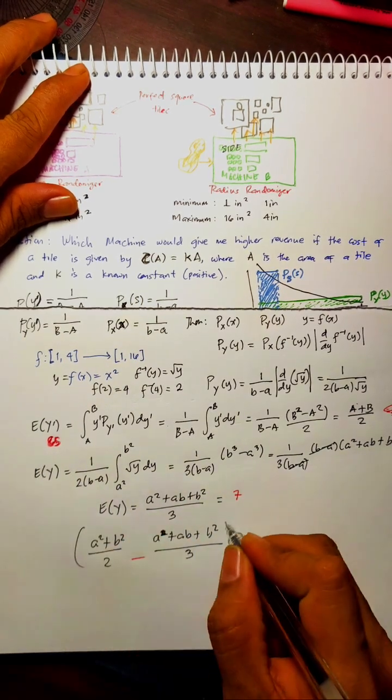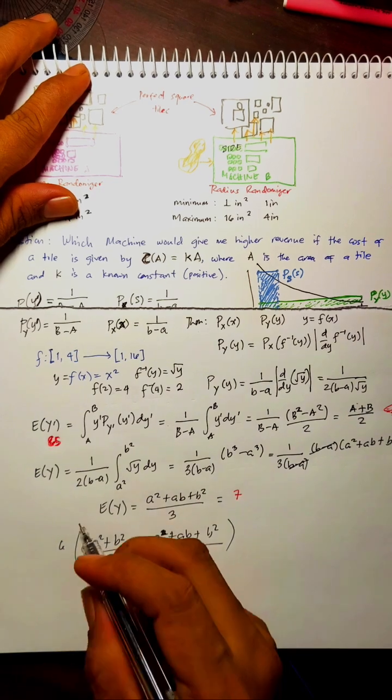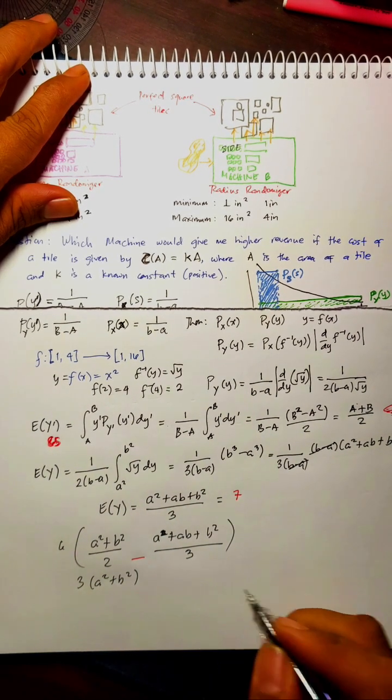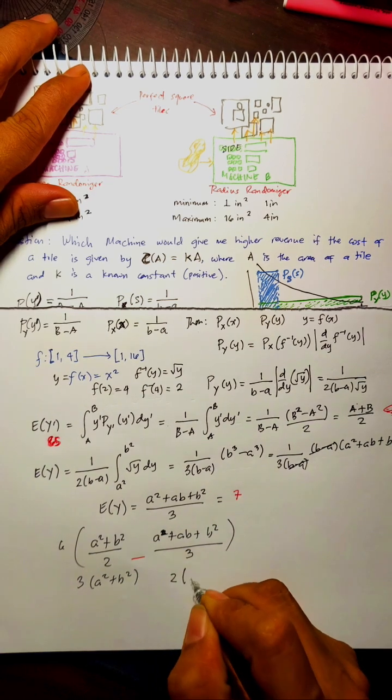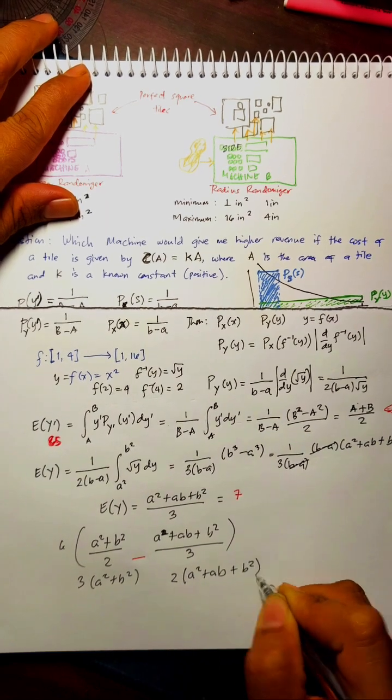To start with, let's multiply both sides by the common multiple, that would be times 6. This will give us 3 times (A squared plus B squared), and this will give us 2 times (A squared plus AB plus B squared).